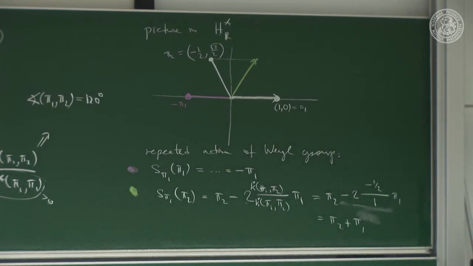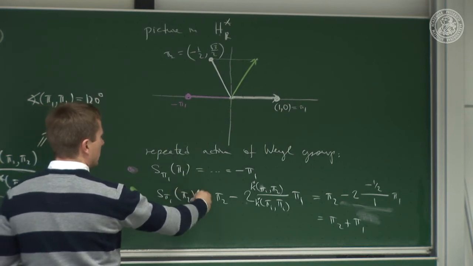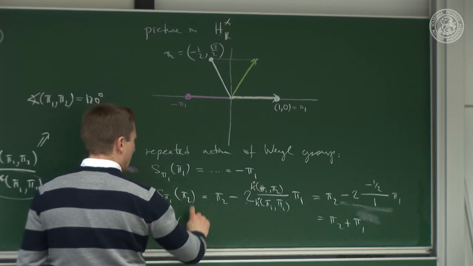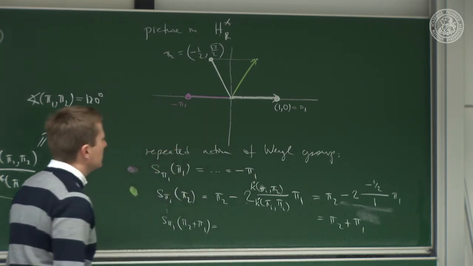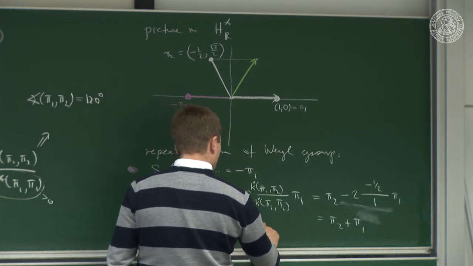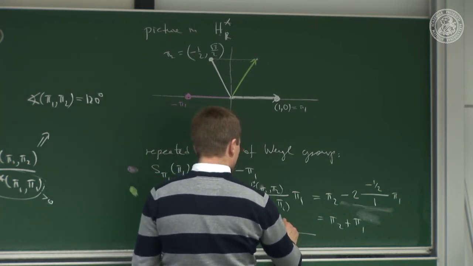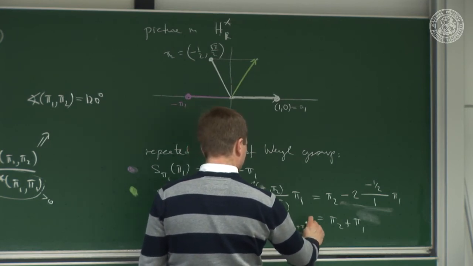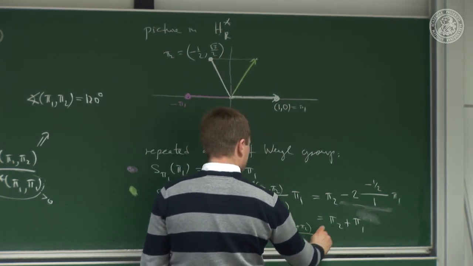So now you can imagine, I'm not indicating this in detail, that by repeatedly acting, for instance, on this result again with pi1, well, let's do it. So we take pi1 and we act on the result pi2 plus pi1. You can calculate what you get. So this is pi2 plus pi1 minus 2 times pi1 comma pi1 plus pi2, divided by pi1 times pi1.